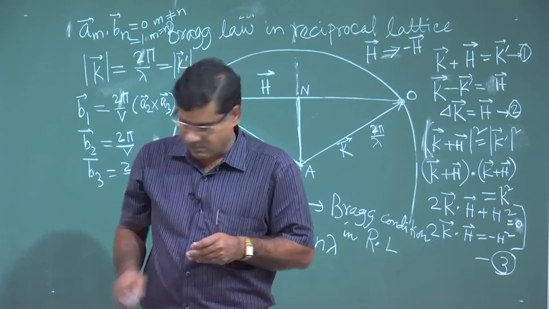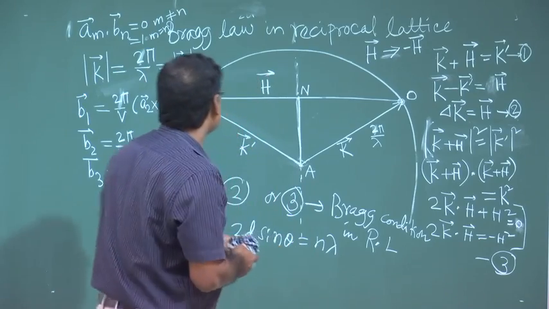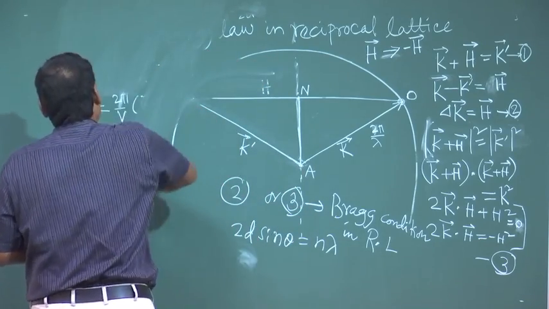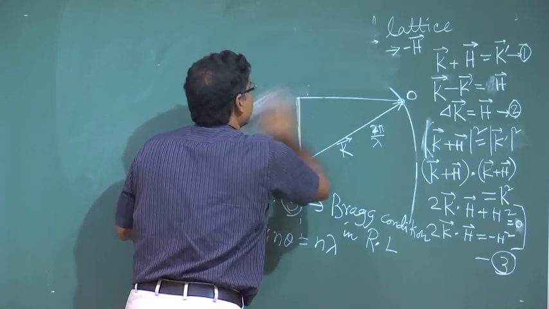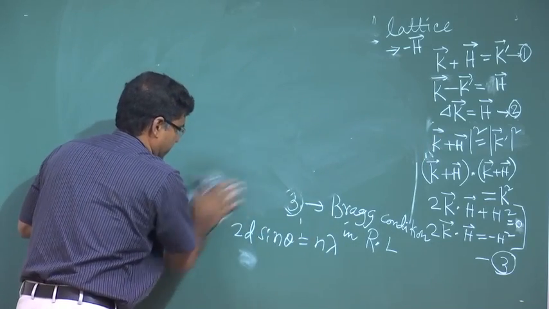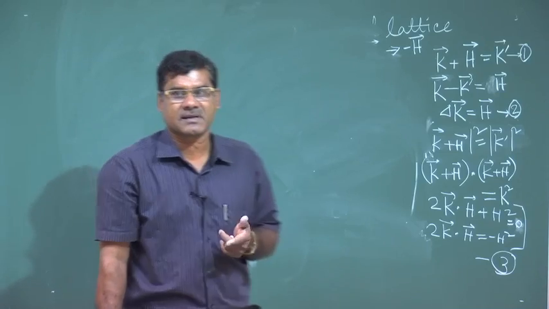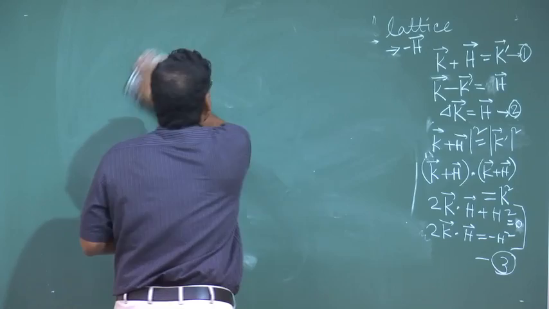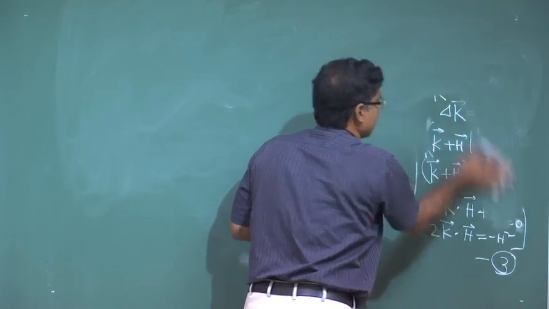So let us see the other parameters which we can calculate, and they are very useful not only for determination of crystal structure, but also to learn about the different physical properties of solids. Okay.